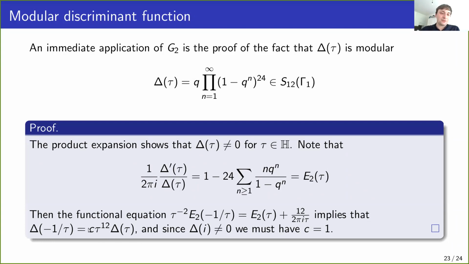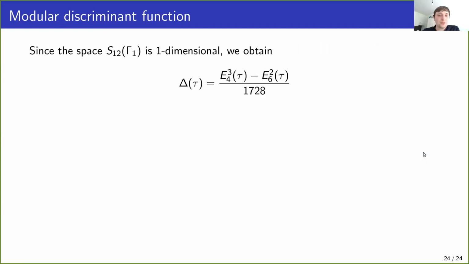The constant you can determine by specializing this identity to tau equals i, because then on both sides you get the same number. Delta is the same, so C should be 1. And you know that delta doesn't vanish at i, because you can work it out from here.